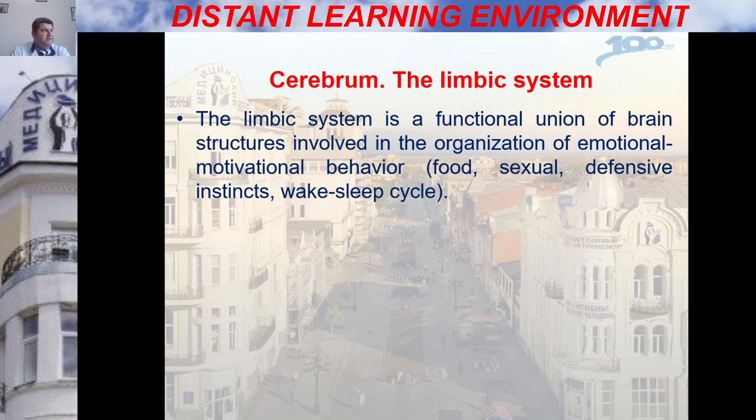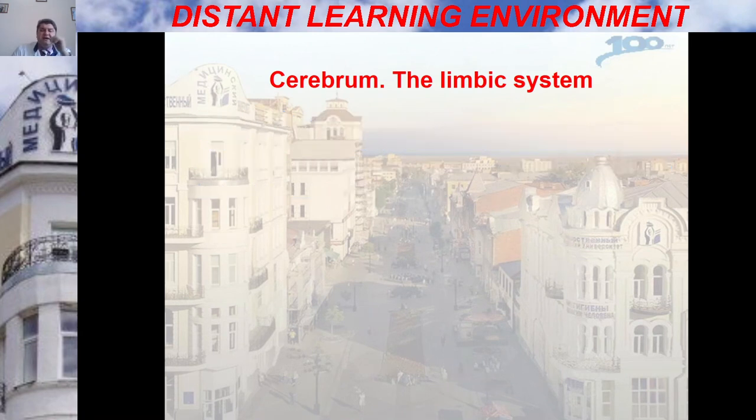And at last of our lecture, we'll tell some words about the limbic system. In detail, you will study this system in physiology. The limbic system is a functional union of brain structures involved in the organization of emotional, motivational behavior, food, sexual, defensive instincts, and the wake-sleep cycle.